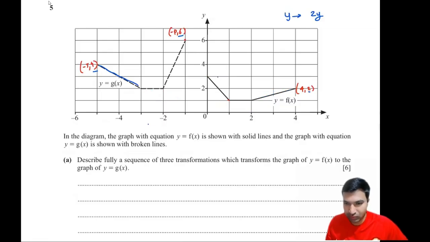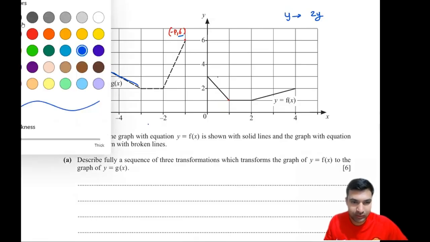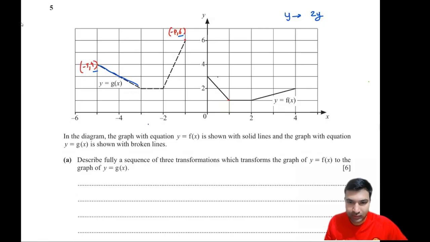Now once we know these points, I can quickly erase them. How do you proceed after knowing that there is a reflection? This point will remain the same, it will not change. And this point, which is (1, 1), will become (-1, 1). So you could join like this, and then this goes up to one line here, and then this goes till here.